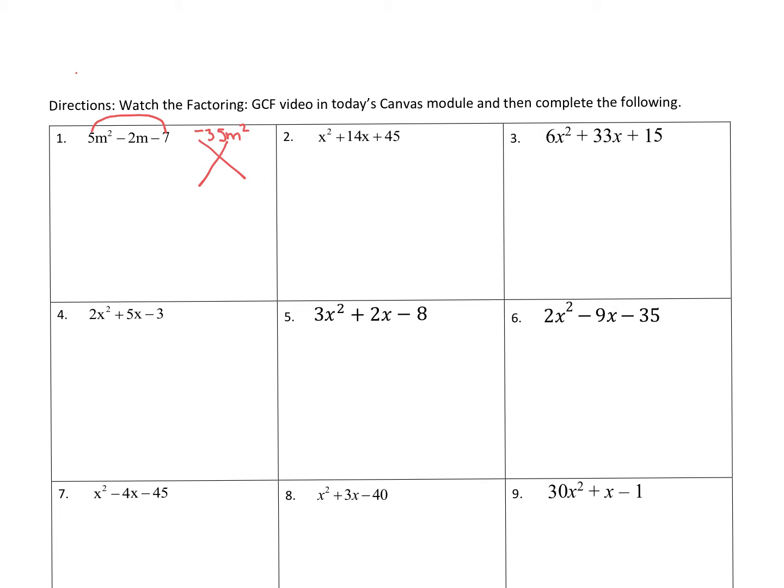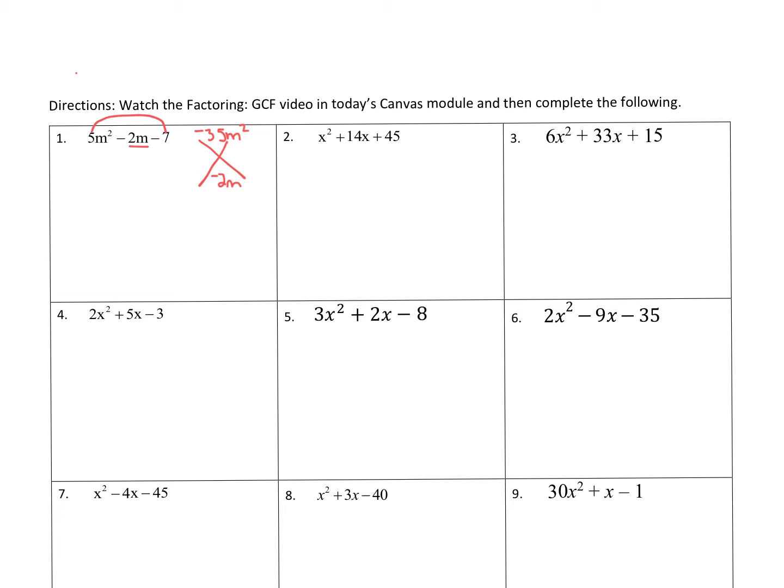And then add the negative 2m. So what this tells me is that I am looking for two numbers that multiply to a negative 35 and add to a negative 2.